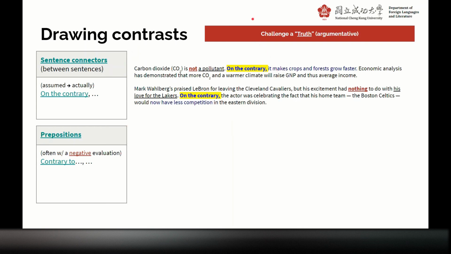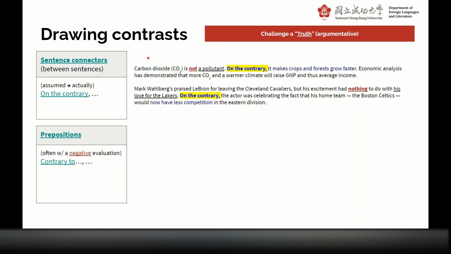So if you're going to challenge a truth, you can use the phrase "on the contrary." And basically what this means is that you as the writer think that the readers have an assumption about something. You think that most people generally think something, but your argument is actually that something else happens.